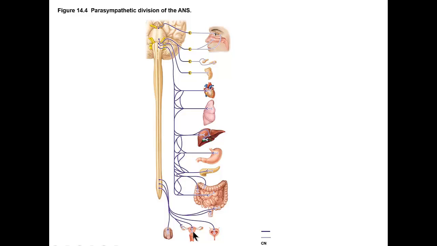So when a person bears down to have a baby, that's going to promote smooth muscle contraction in the uterus and help propel the baby out. As far as a list of what the actions are on each of these organs, I would recommend that you look at table 14.4 in your textbook. Know the general actions of the parasympathetic nervous system on these organs.